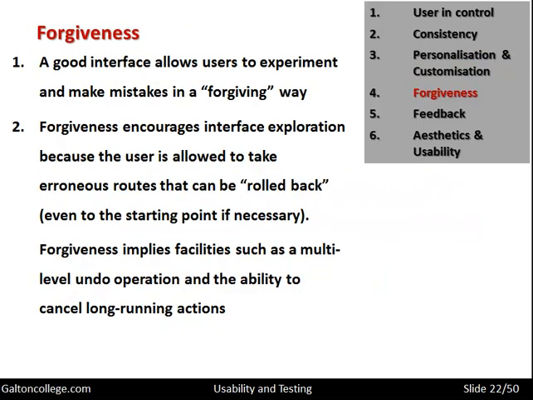Forgiveness. A good interface allows users to experiment and make mistakes in a forgiving way. Forgiveness encourages interface exploration because the user is allowed to take erroneous routes that can be rolled back, even to the starting point if necessary. Forgiveness implies facilities such as multi-level undo operations and the ability to cancel long-running actions.